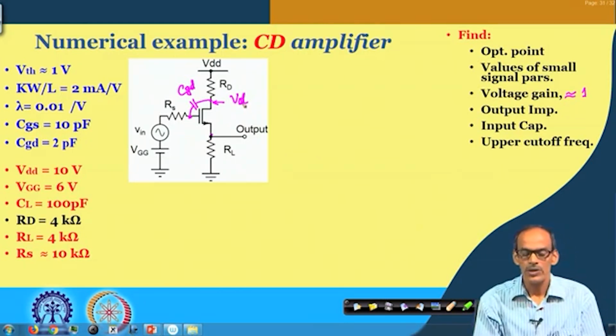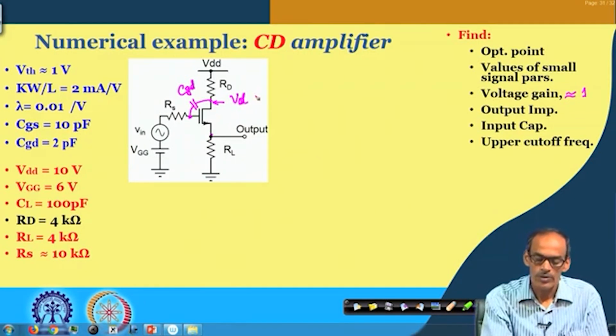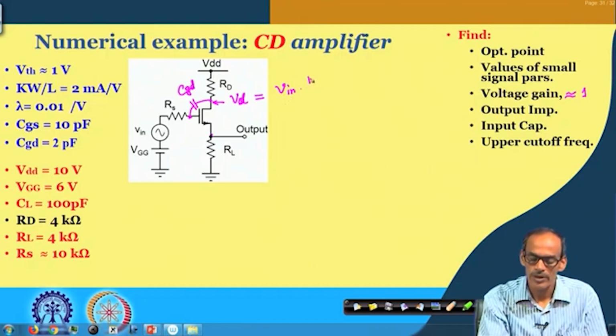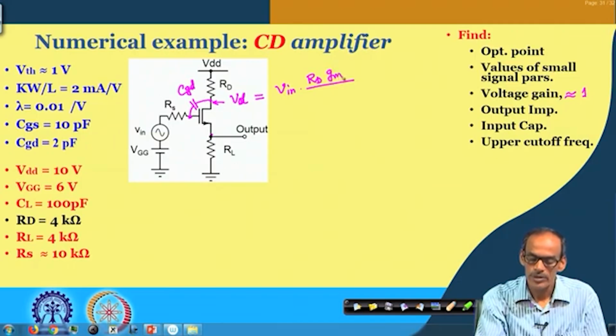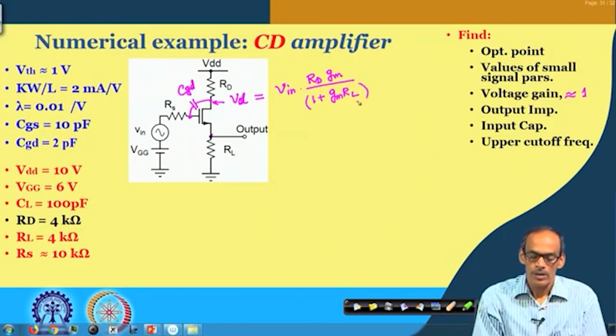That is definitely non-zero, and the voltage coming here is Vin multiplied by approximately gm RD divided by 1 plus gm into RL.